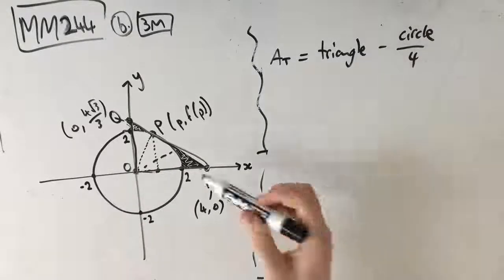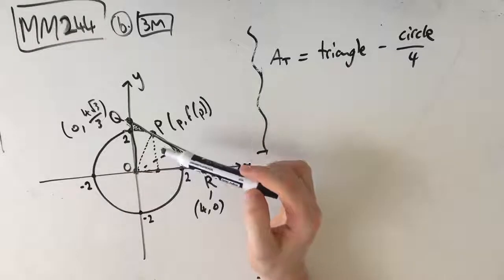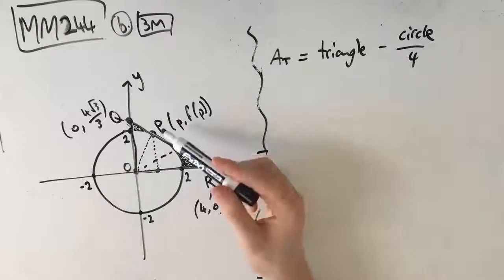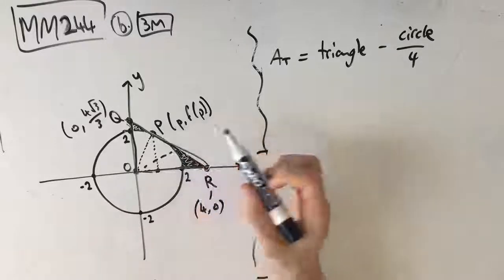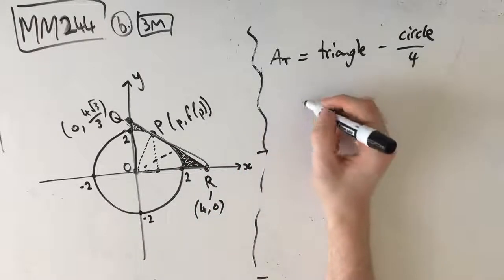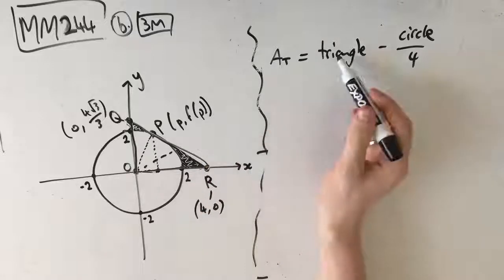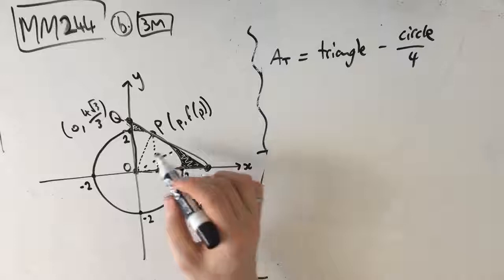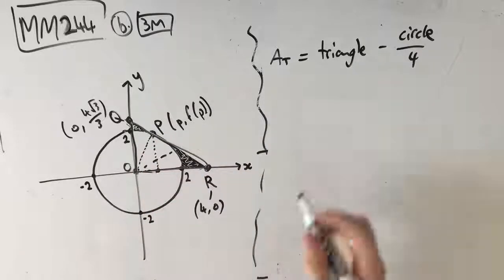So we're assuming that we don't know P now, right? So we're finding the area in terms of P, which means that P is no longer 1. We're actually just trying to find a general formula for the area. So in order to find the total area, we're going to need to find our triangle area again, which means we're going to find our x value and our y value in terms of P, right?